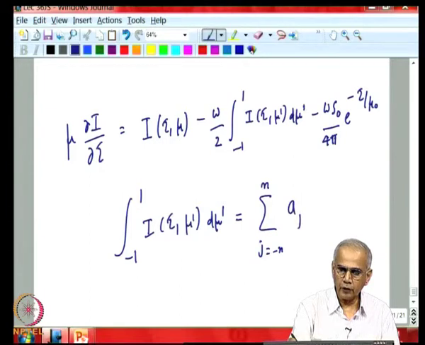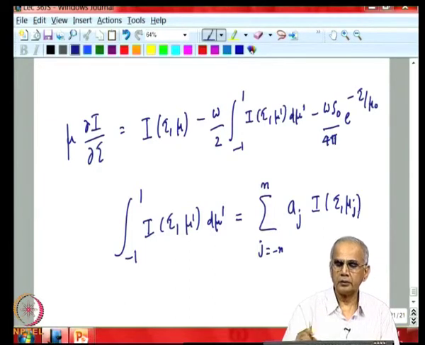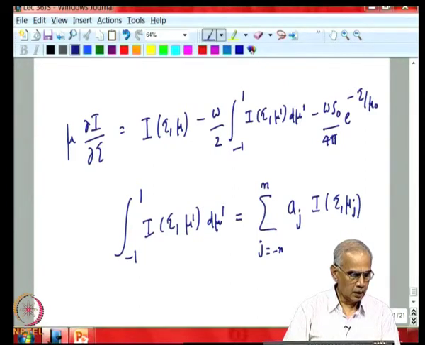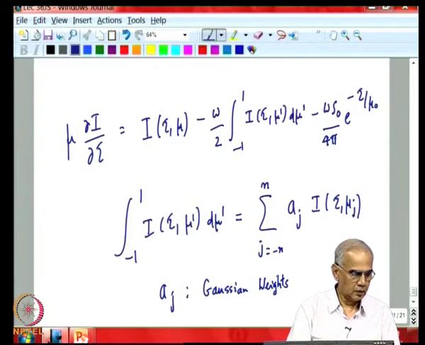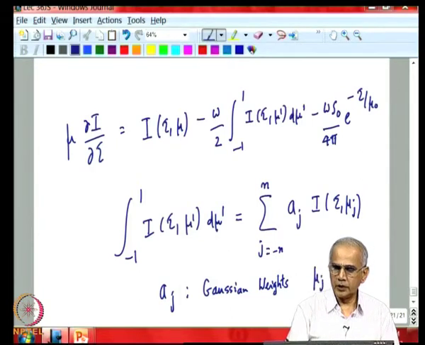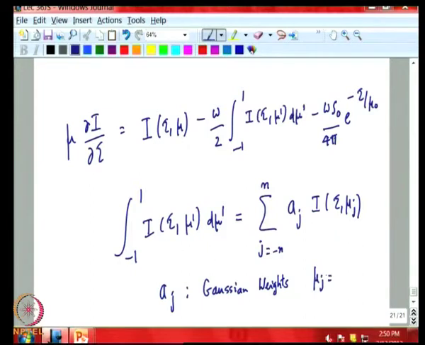Now, today all of you are computer savvy, and you know that there are many methods available to replace an integral by a summation. So, these a_j are the Gaussian weights, and mu_j are the various discrete directions.